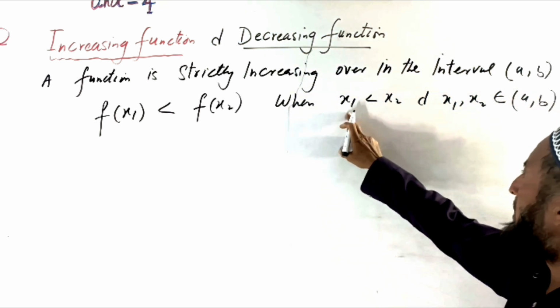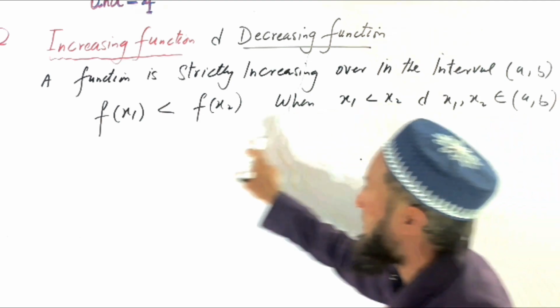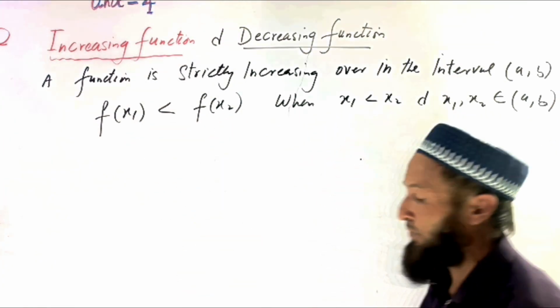Here the x1 value must be less than x2, and their function value must also be less than f of x2.